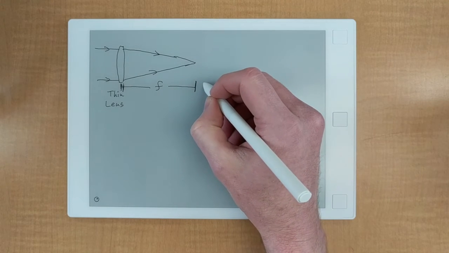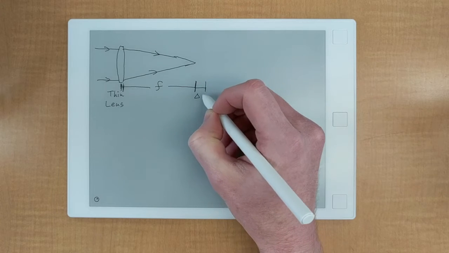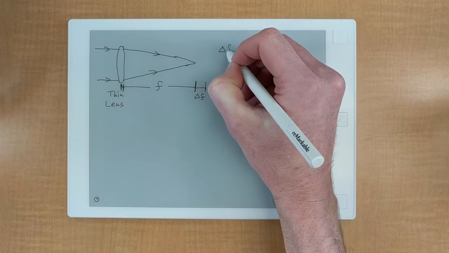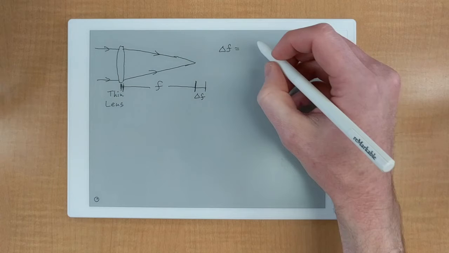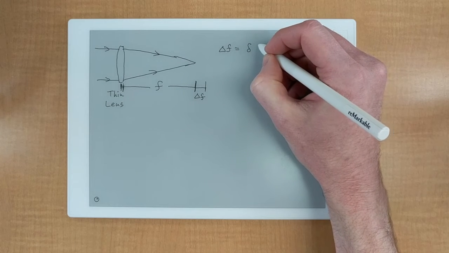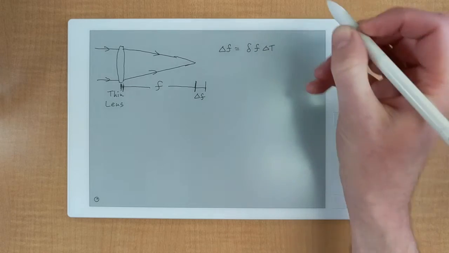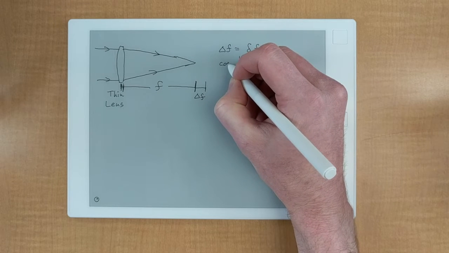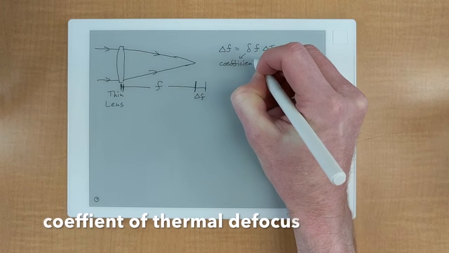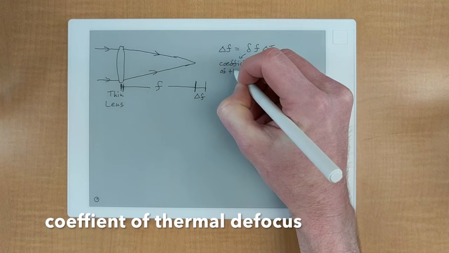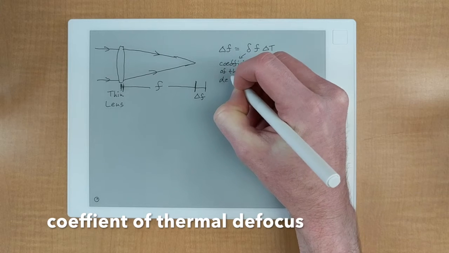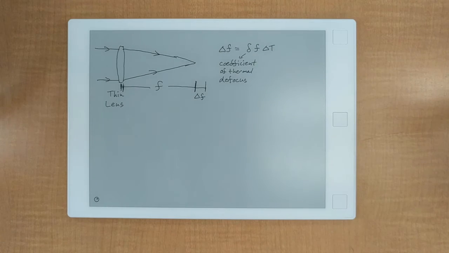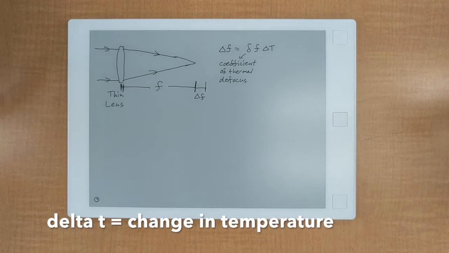So if we think of that focal length changing a particular amount called delta f, that change in focal length, delta f, is equal to delta times f times delta T. So delta is the coefficient of thermal defocus. F is your focal length, and delta T is your change in temperature.